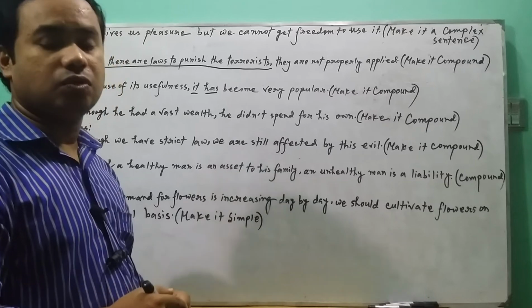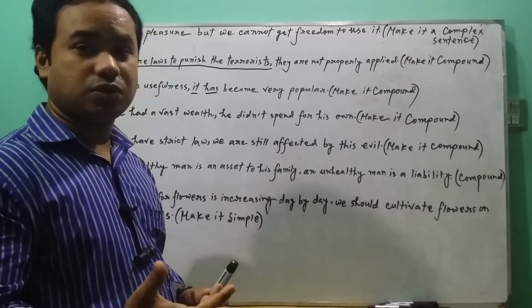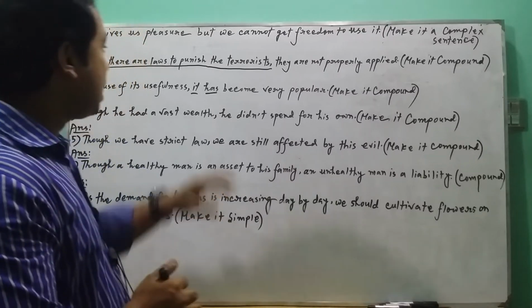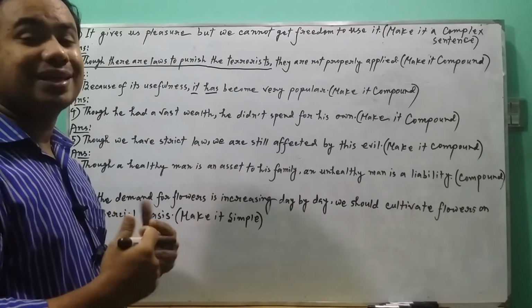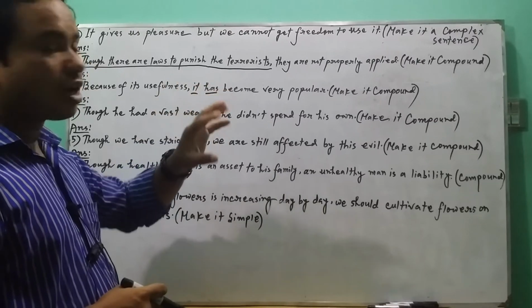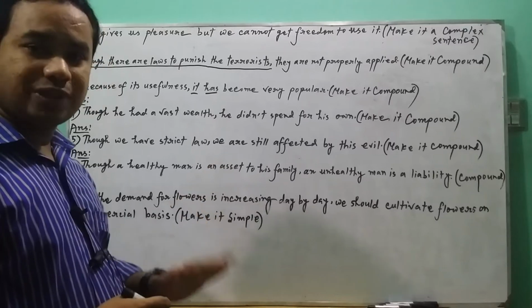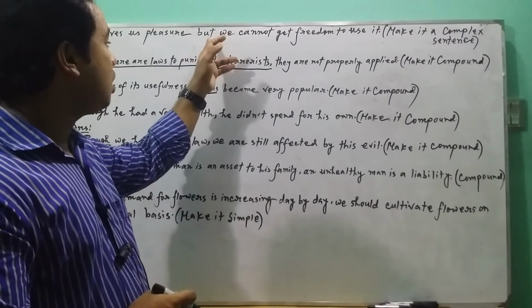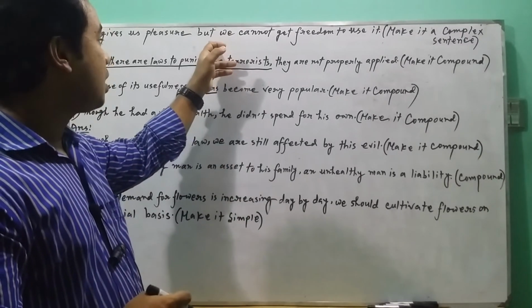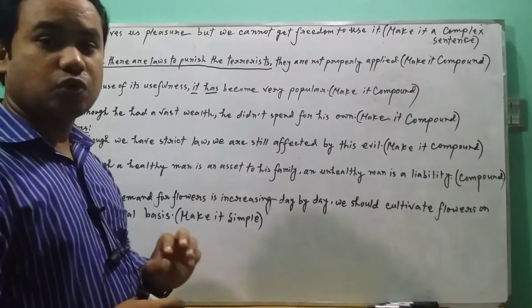The subordinate clause of the complex sentence should begin with though, although, even though, so you have to focus on the key words. In the complex sentence, there would be though, although, even though. And in the compound sentence, you'll find but, or, yet.